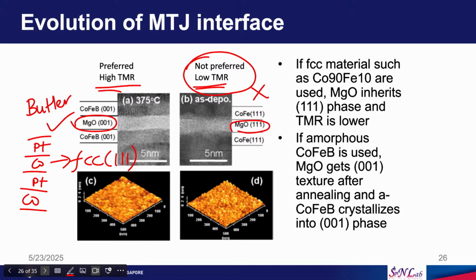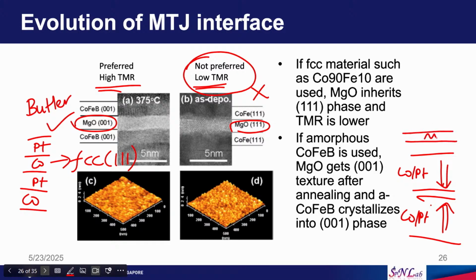So, if you remember a few days ago I showed you the whole stack of MRAM. So, there is a cobalt platinum at the bottom, there is a cobalt platinum at the top, and this was the synthetic antiferromagnetic structure. Then on top of this we have magnesium oxide and the free layer.